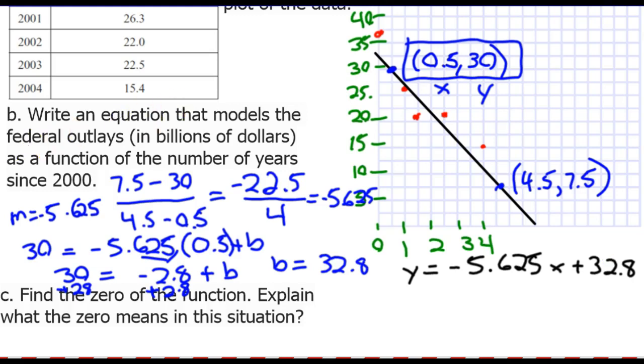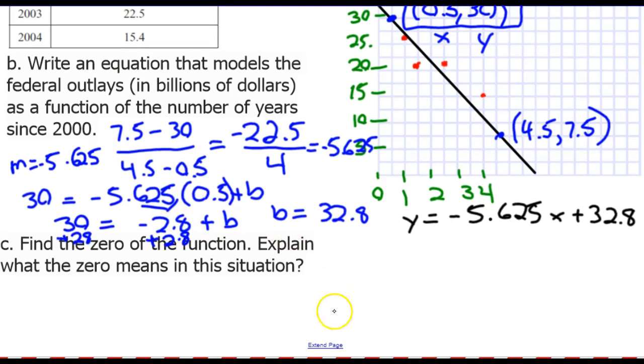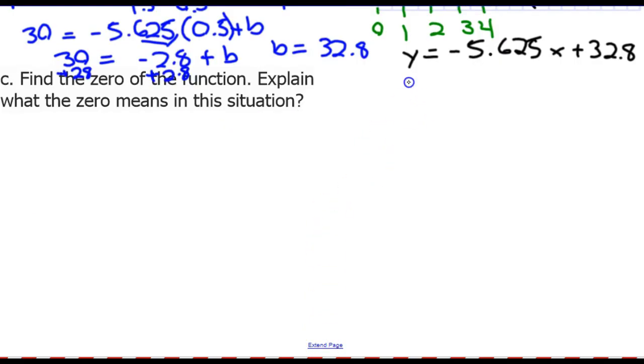Now what we need to do is find the zero of this function. When we find the zero, we know that the zero is the x-intercept. The x-intercept always has a y that equals 0. So I'm going to put 0 into our equation for y.